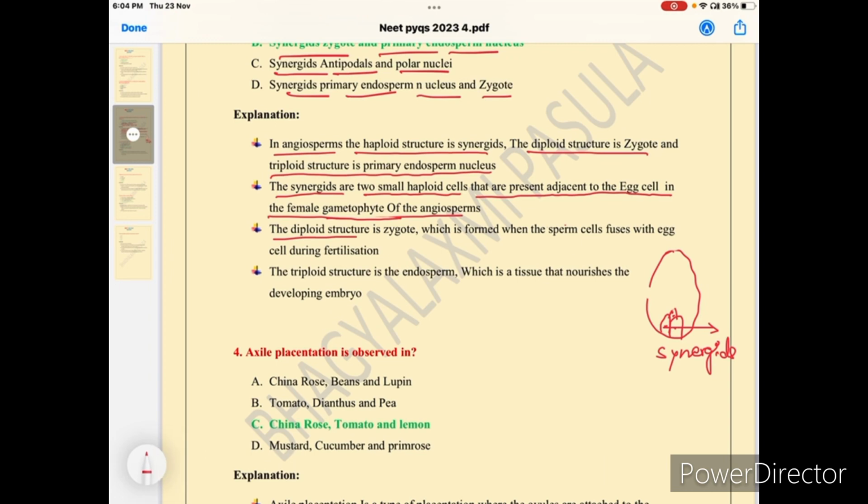The diploid structure is the zygote, which is formed when the sperm cell fuses with the egg cell during fertilization. This sperm cell came from the male gametophyte and fuses with the egg cell. It forms the zygote and it is diploid.